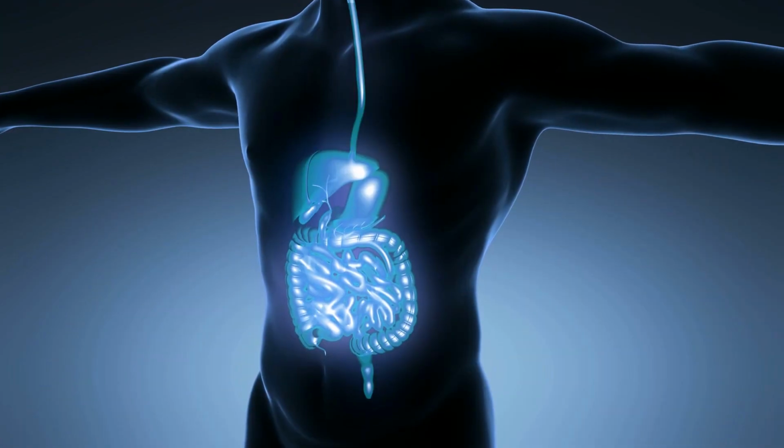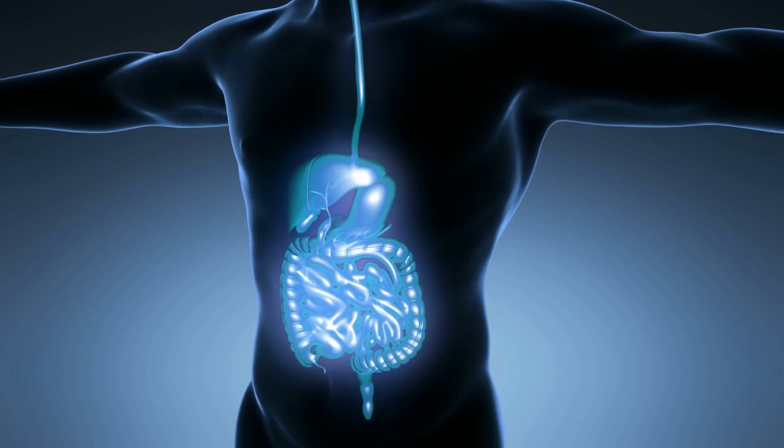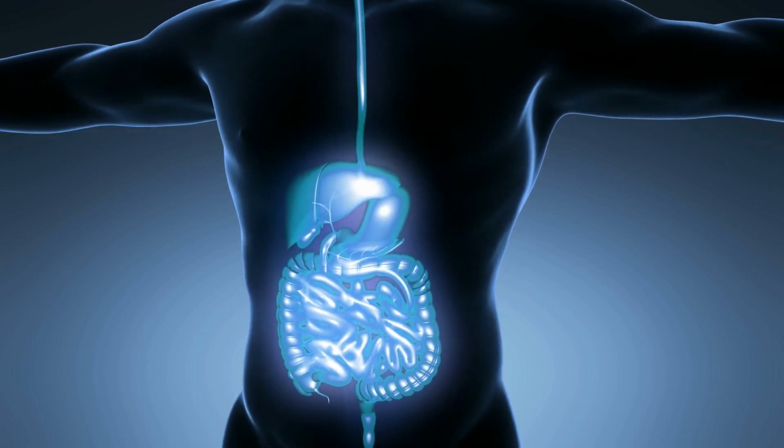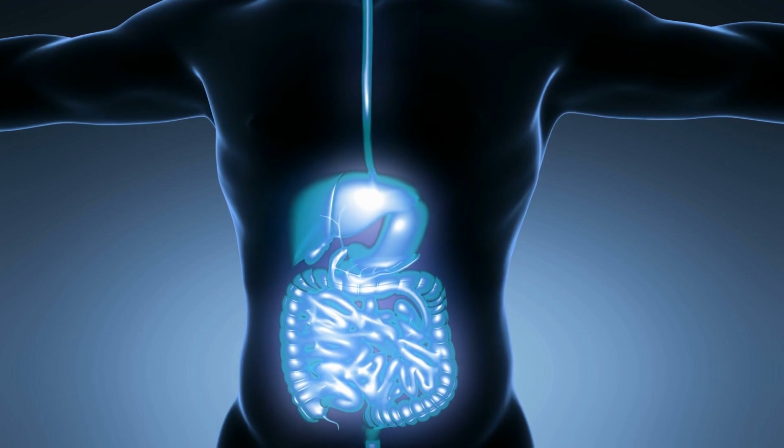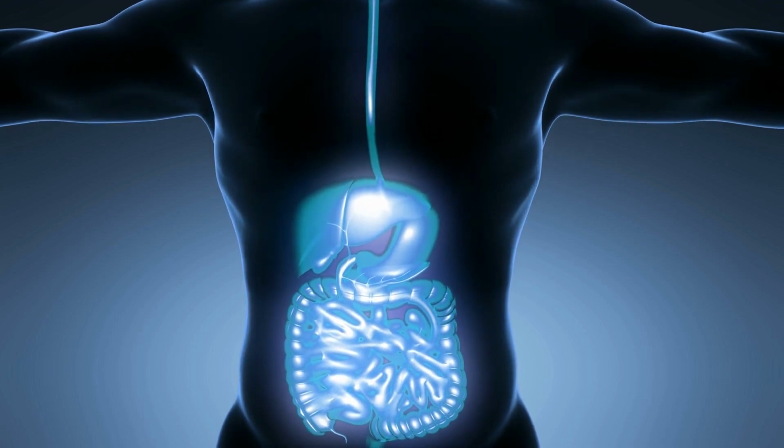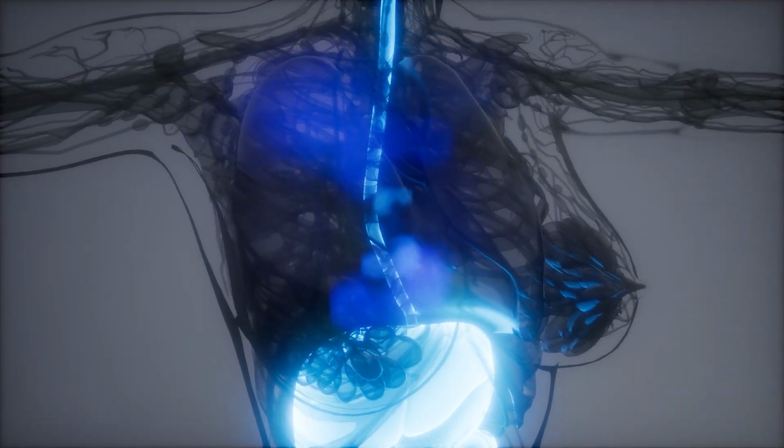Now let us see what the symptoms of Crohn's disease are. As I said before, Crohn's disease typically affects the small bowel or small intestine, which includes the jejunum, ileum, and proximally the duodenum. The most common areas of Crohn's disease involvement are both the jejunum as well as the ileum.